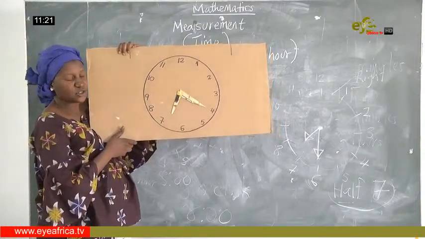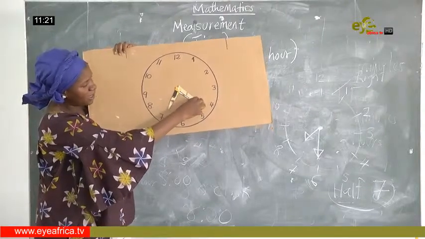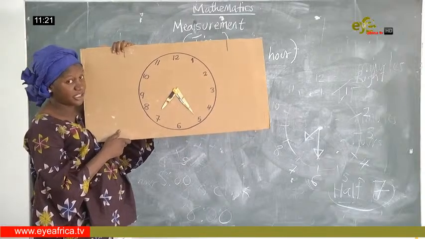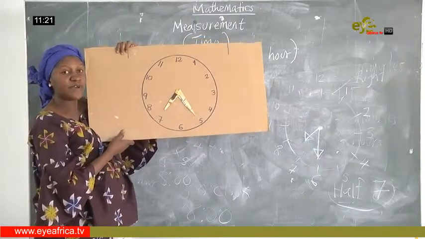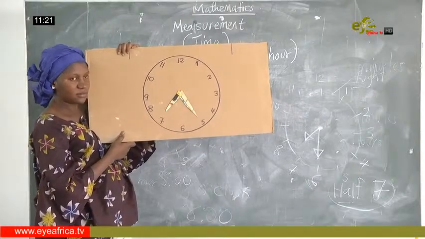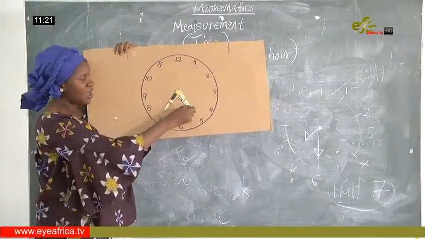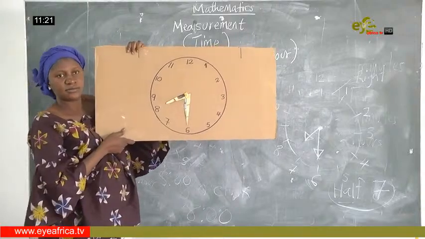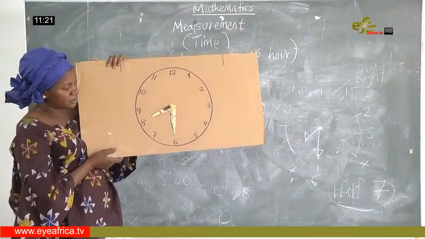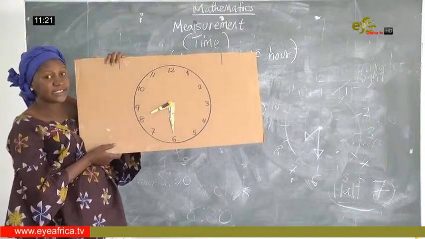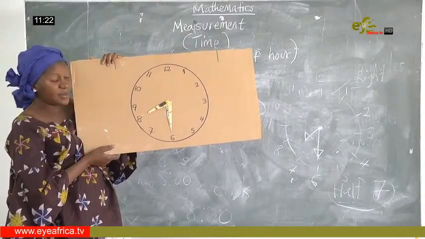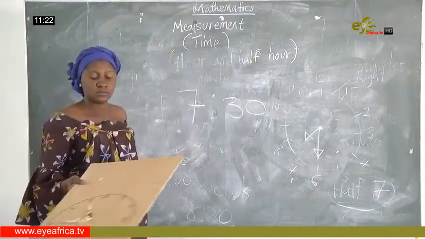When the minute hand is at 5, it is 25 minutes past. And our question says, when it is at 6 on the clock, what does it represent? It represents 30 minutes past the hour.